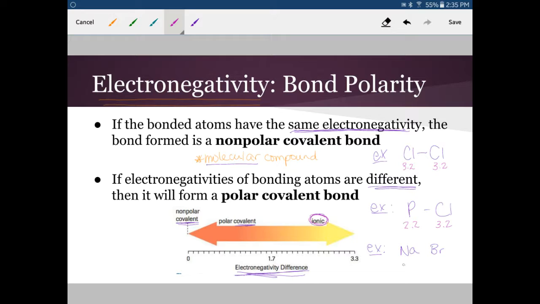I know it's an ionic bond because I have a metal and a nonmetal. However, when I look at my electronegativities, I have 0.9 versus the bromine, which is a 3.0. The difference in these electronegativities is so great that I actually cause a positive and a negative charge on these atoms forming an ion, because the electron here is stolen by the bromine and it transfers over.